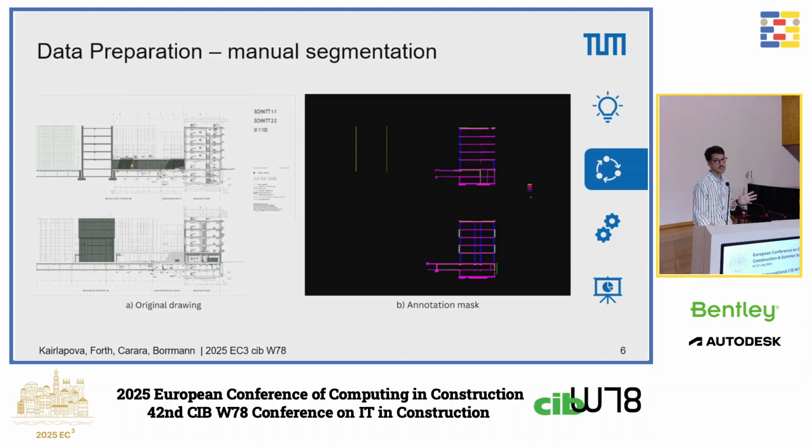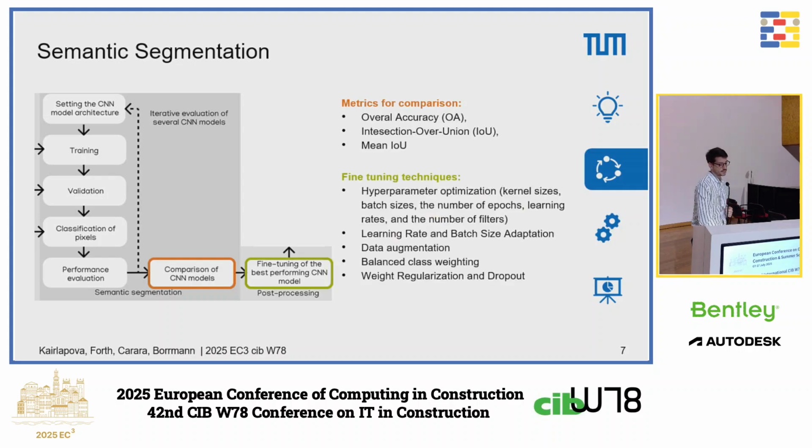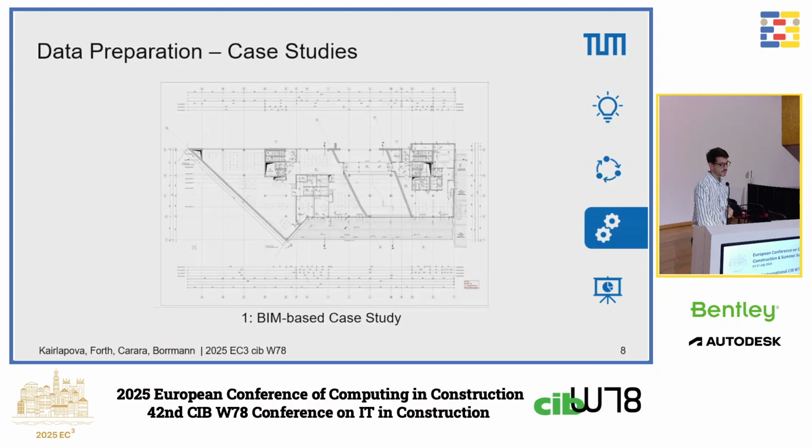So there's a lot of noise, and depending on which data source you have, this is one of the biggest challenges. We had different metrics to compare. I'm not going to go into detail on these. We had different fine-tuning techniques we applied in the second step when we selected the best performing CNN architecture.